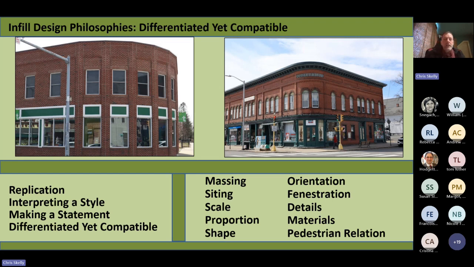Massing, I think they've maintained a massing that's similar to the building across the street. Siting, it's at an intersection, so they actually replicated the curved facade there. Scale, it's going to be about the same scale.